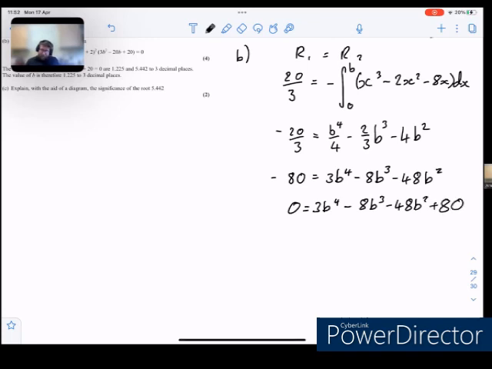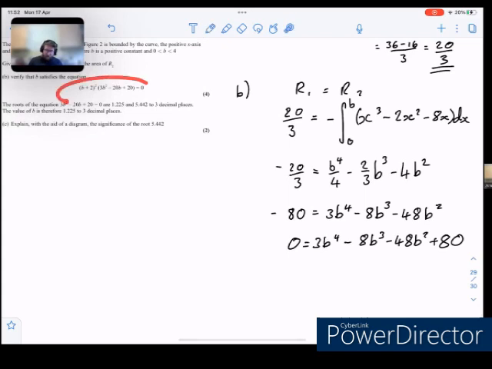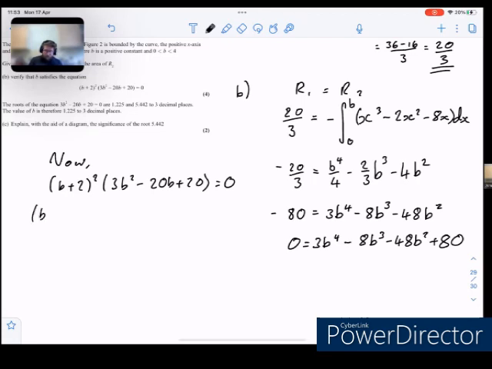Now, to show that this is the same as this equation, let's have a look at that one and multiply it out. If we multiply this out, that first bracket becomes b squared plus 4b plus 4. If you're more comfortable just expanding all that out and then simplifying, that's fine. I'm going to just verify that I've got the right answer here. So we want to have 3b to the 4.